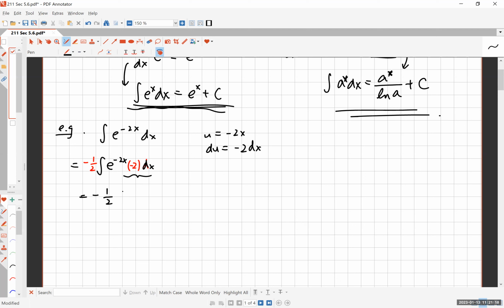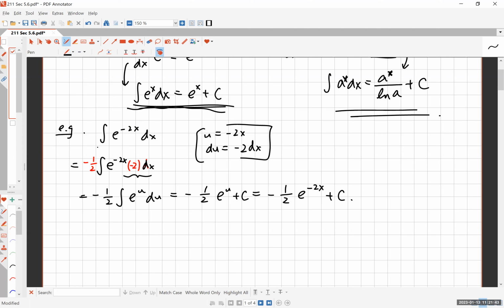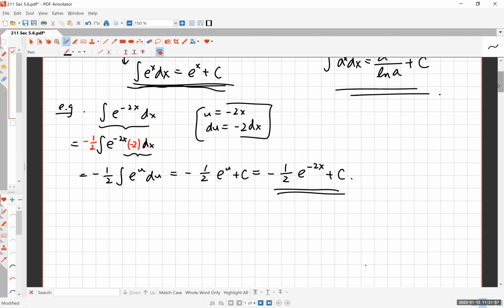So it's negative 1/2 integral e to the u du, which is negative 1/2 e to the u plus c, which is negative 1/2 e to the negative 2x plus c. After a while, for something as simple as this, you probably wouldn't even have to explicitly write down u and du. Maybe you already are there, but if you are not, that's fine. Soon you will be able to look at this and go directly to the answer without explicitly writing u and du.